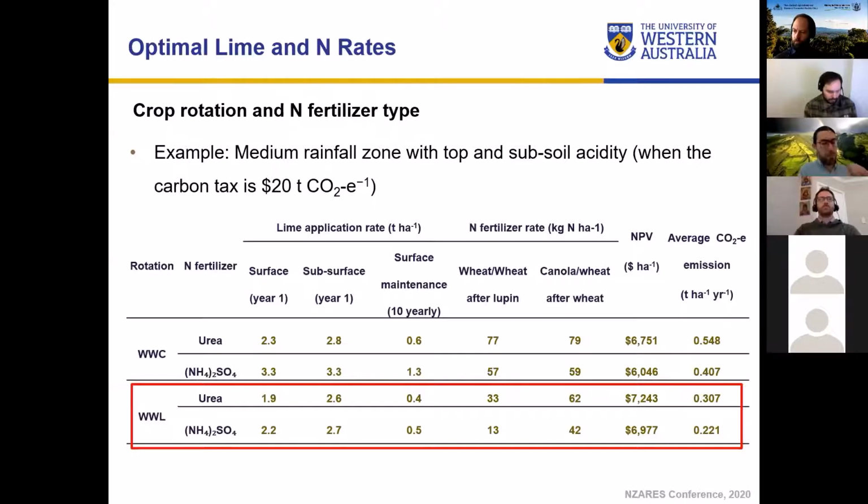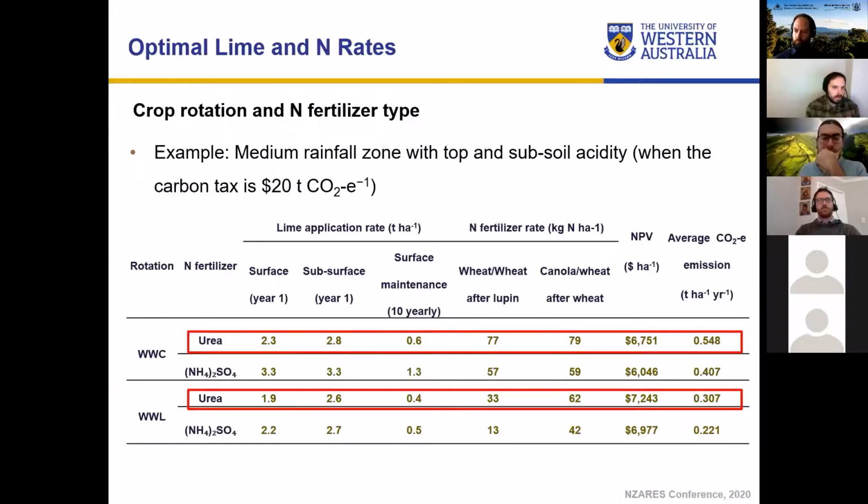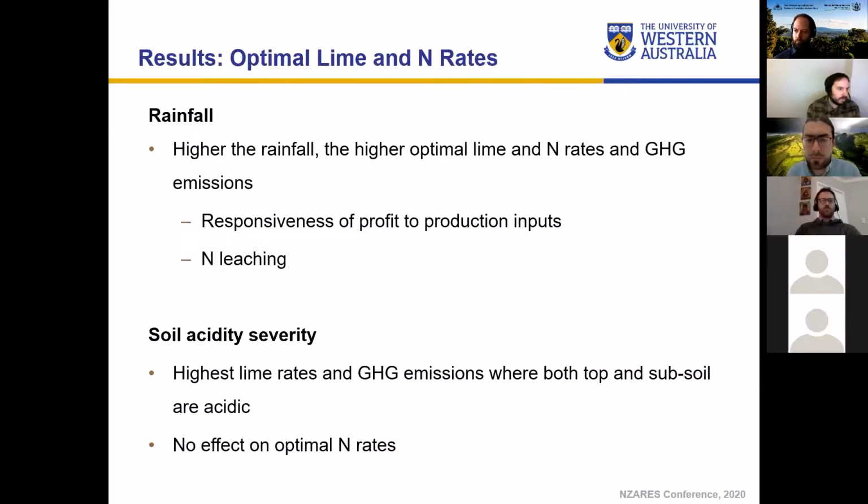As you see, the incorporation of lupin rather than canola into the system reduces optimal nitrogen rates by up to 50%, and consequently the optimal lime and greenhouse gas emissions by 50%. And the use of urea rather than ammonium sulfate increases optimal nitrogen rates, but decreases optimal lime rates because, as I said, it is less acidifying.